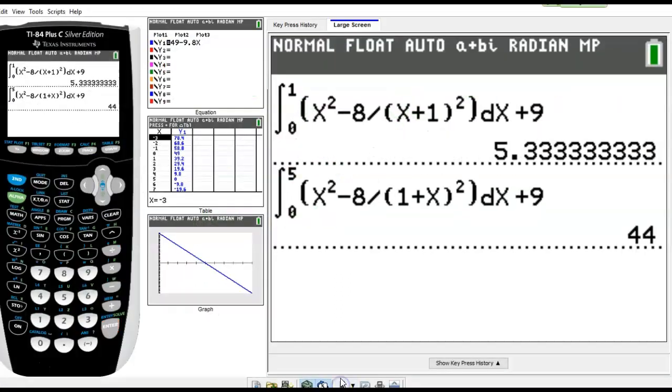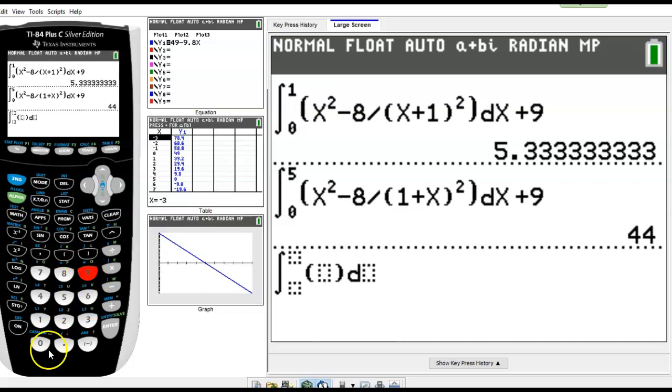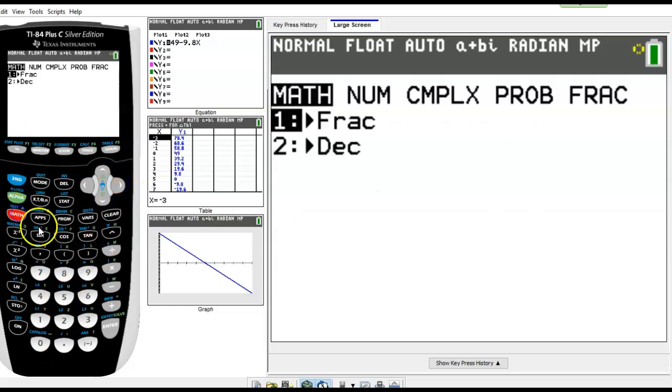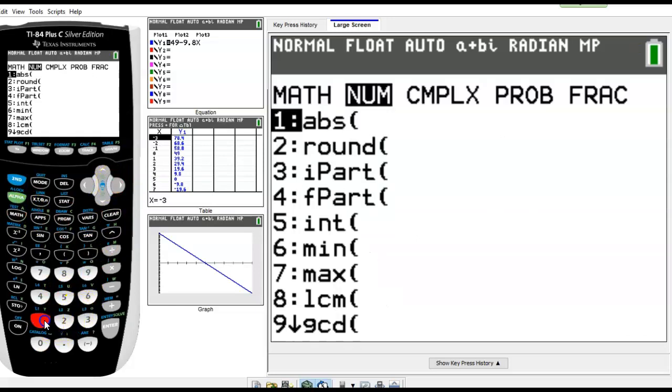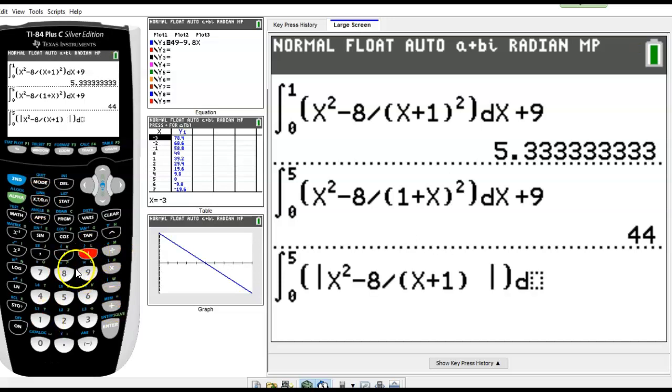Matter of fact, let me just punch it in real quick so y'all can see it. So math, we need that from 0 to 5. Math, right to NUM, ABS, and then put it in the equation, dx. So you should look something like that.